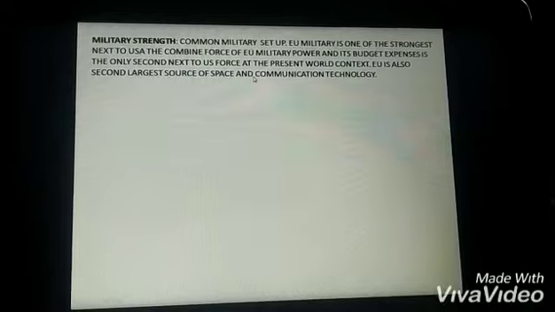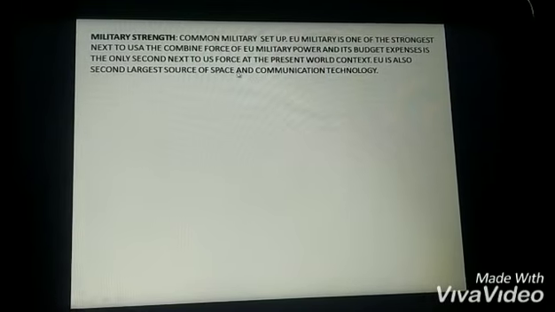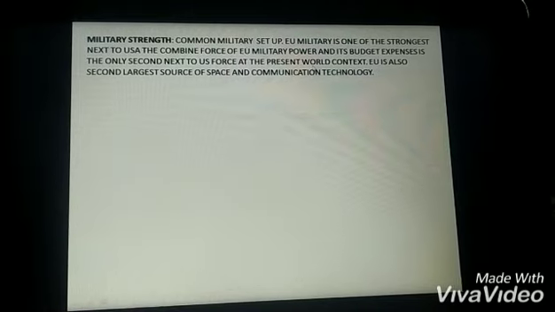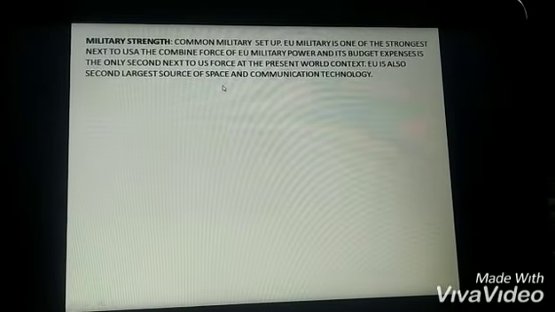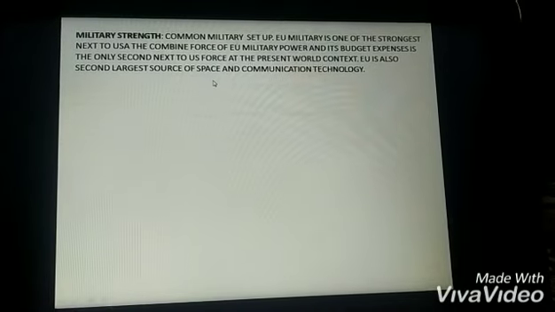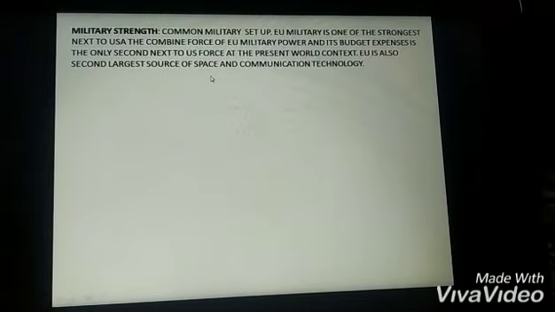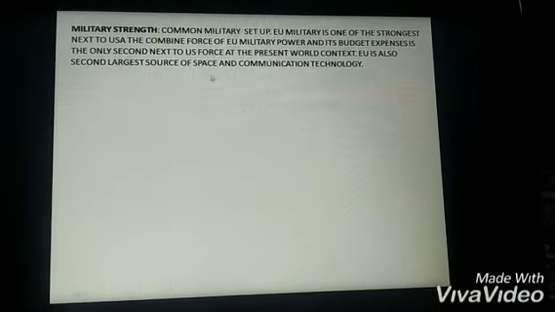Now, Britain and France, member countries of EU, are permanent members of the United Nations, so through all these things they were having a great impact on the decisions made in the United Nations.